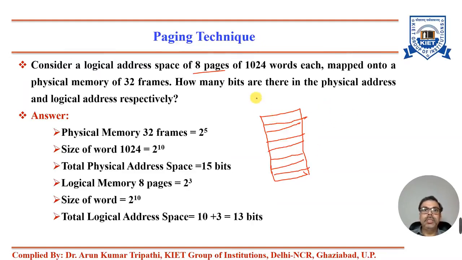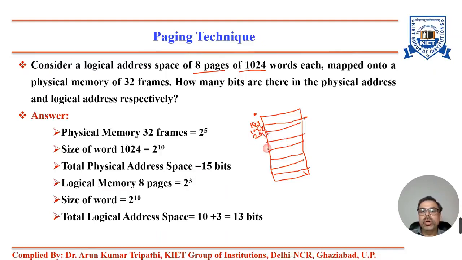Here are the 8 pages of 1024 words each. That means 0 to 1023. Again, 1024 to 2047 and so on.